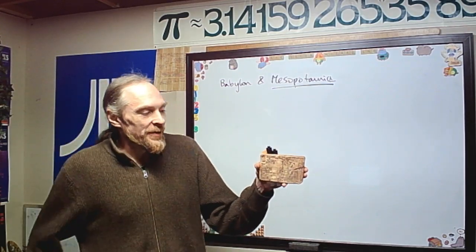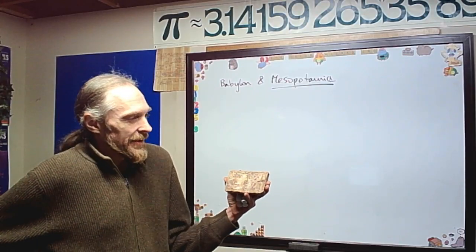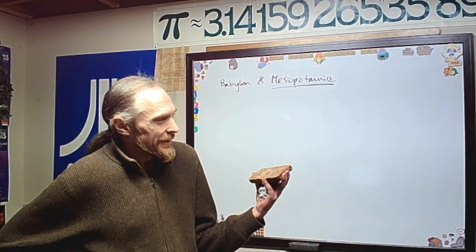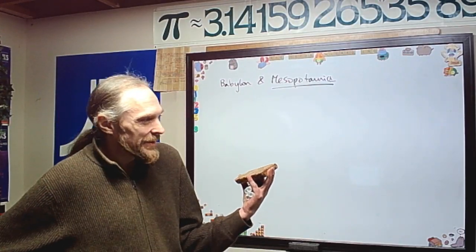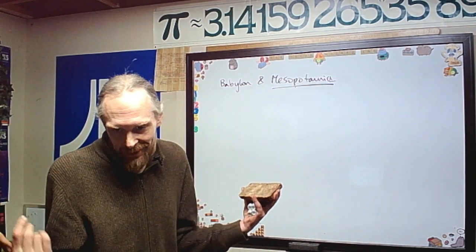So this is the Plimpton 322 tablet. I think it's at Columbia University or something like this. We can look it up. The historical thing, I don't know.